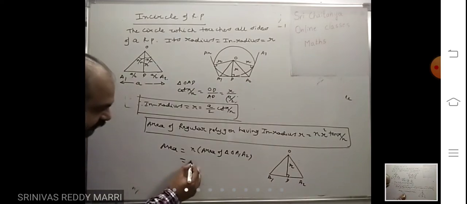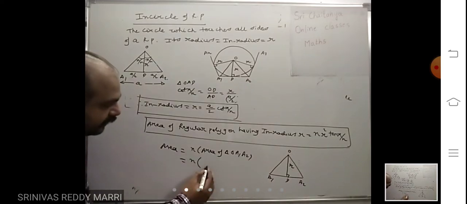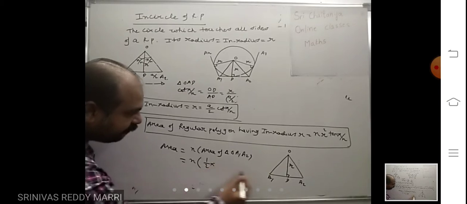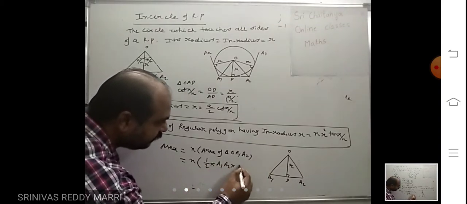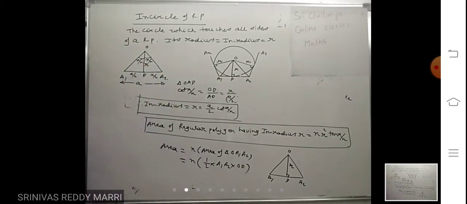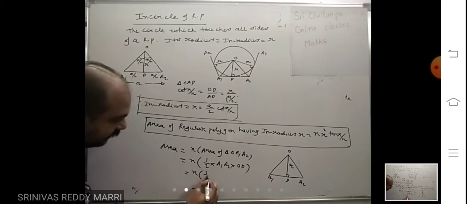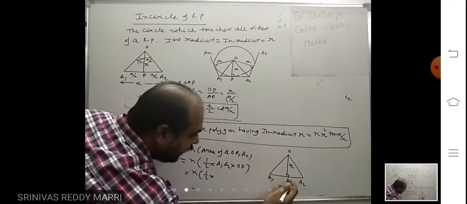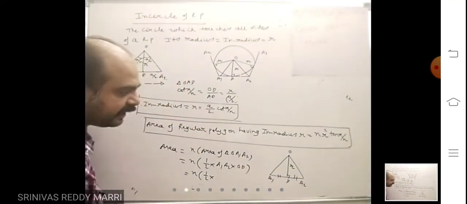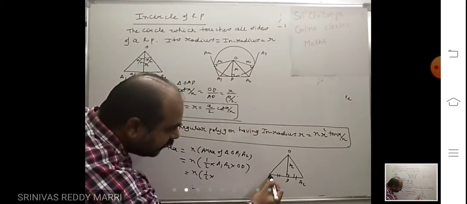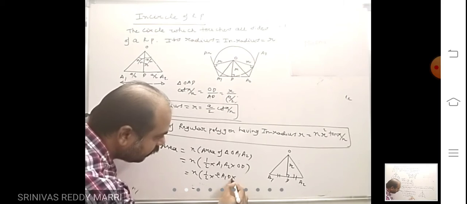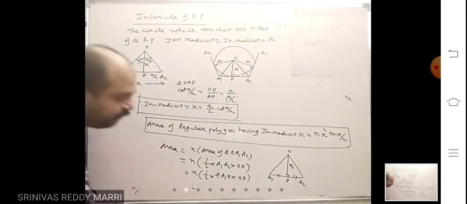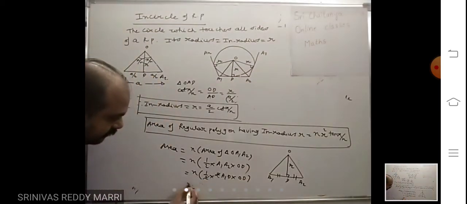So area is n into half into base into height. Base is A1 A2, and these two halves are equal, D is the midpoint, so A1 A2 is twice A1D. Half into twice A1D into OD. The 2 cancels.